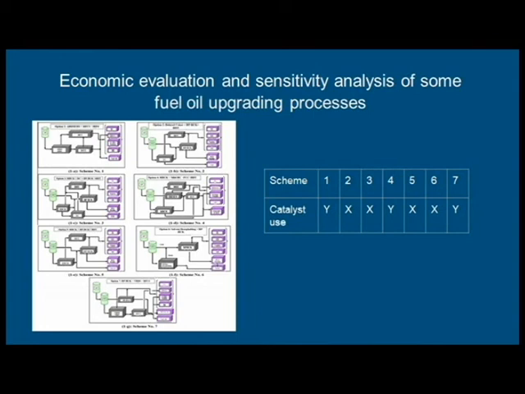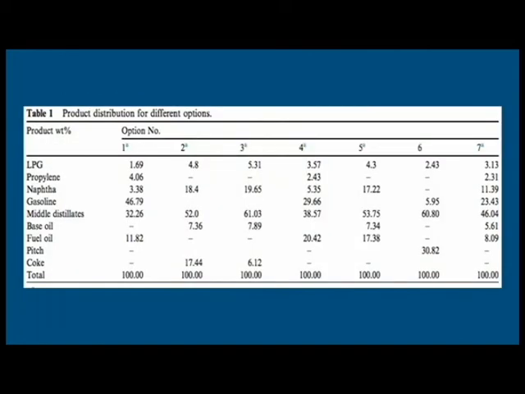Economic parameters such as internal rate of return, payback period and net present value were calculated for each option. All study schemes were proved to be profitable, and the parameters investigated were sales price, production rate, feed cost, utilities cost, direct and indirect costs, tax percent and discount rate.